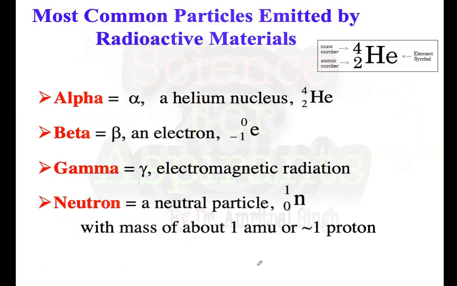The most common particles emitted by radioactive materials are alpha particles, which are also known as helium nuclei, and which we generally denote as 2 helium 4, where 2 is known as the atomic number and 4 is known as the mass number, and here we represent this with the symbol He.